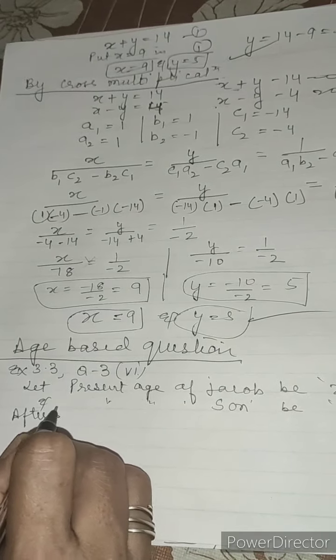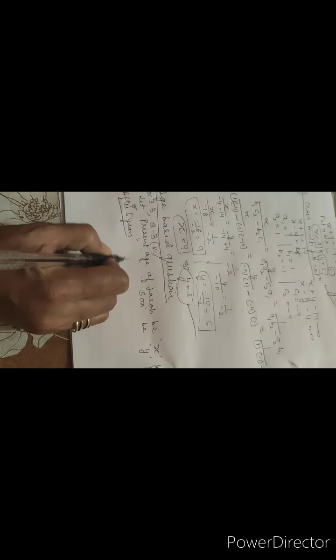So if you are 10 years of age presently, then after 5 years your age will be 10 plus 5, 15 years. In the same way, after 5 years Jacob's age will be x plus 5 years and son's age will be y plus 5 years.